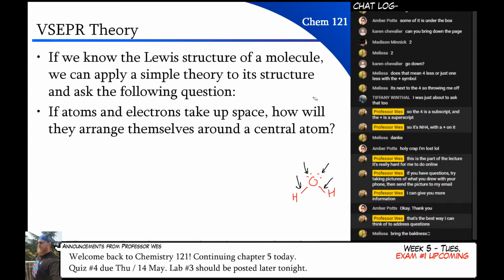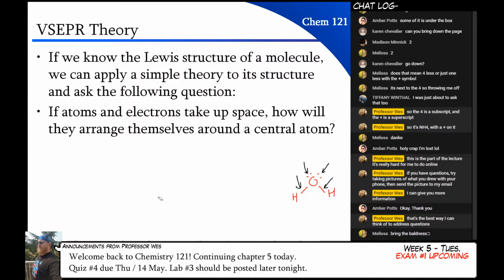Now, electrons take up space because, even though they're tiny, they have a negative charge. And the negative charge on electrons causes them to repel other electrons. Now, if electrons are paired together, they're stuck together and they're happy enough. They still repel, but not as strongly as they would repel other neighbors.